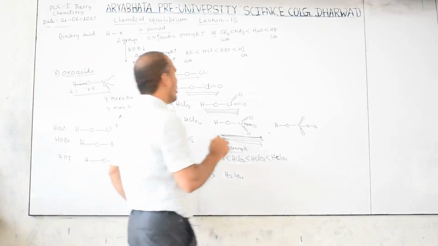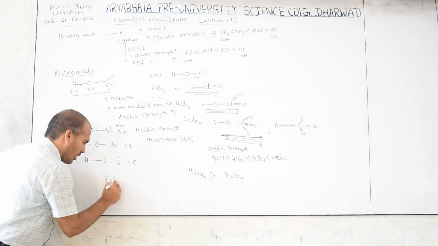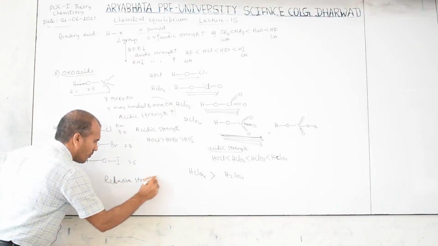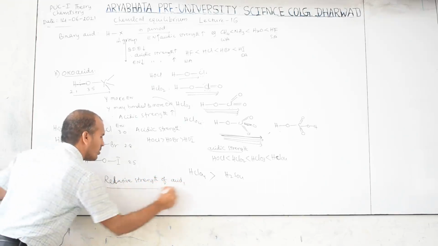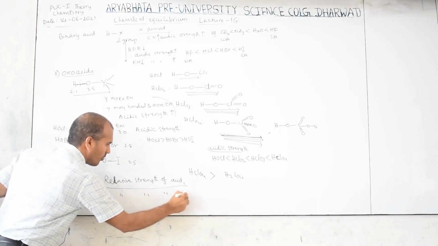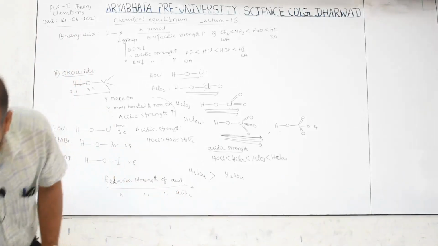And like this one formula will appear: the relative strength of acid 1 to the relative strength of acid 2 is equal to, these are inversely proportional.